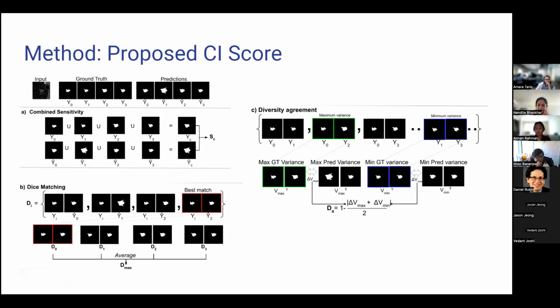So we don't want that. We want to see whether these masks actually correspond to a real doctor or not. That's what we do with dice matching, where you take one segmentation mask and compare it with the best dice score that you have, and you do it for all of the generated ones and so on. And then you get the maximum dice score.